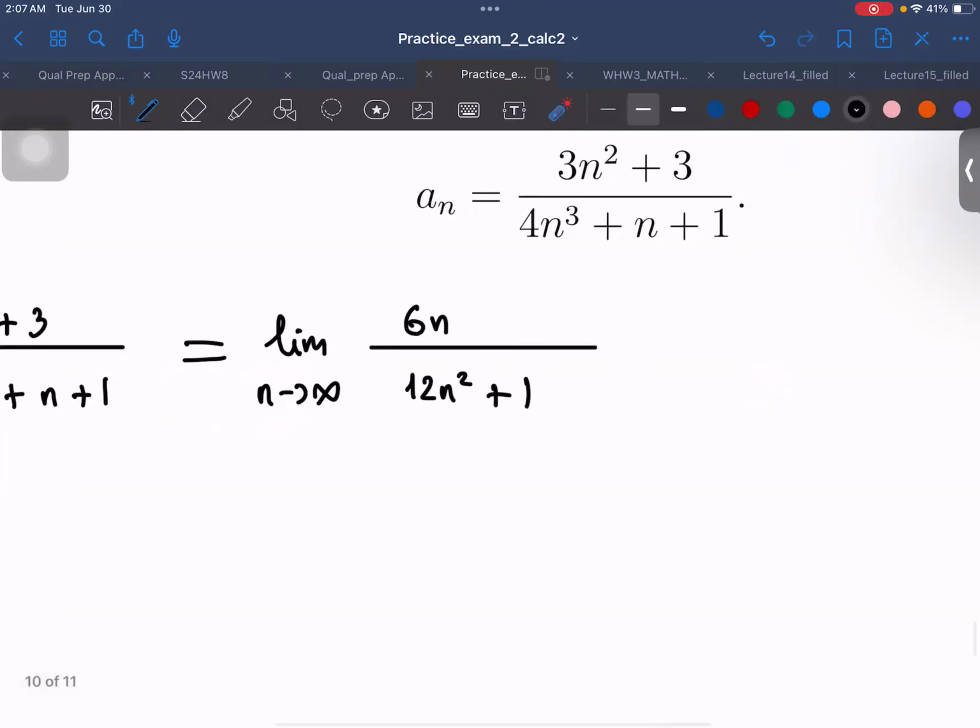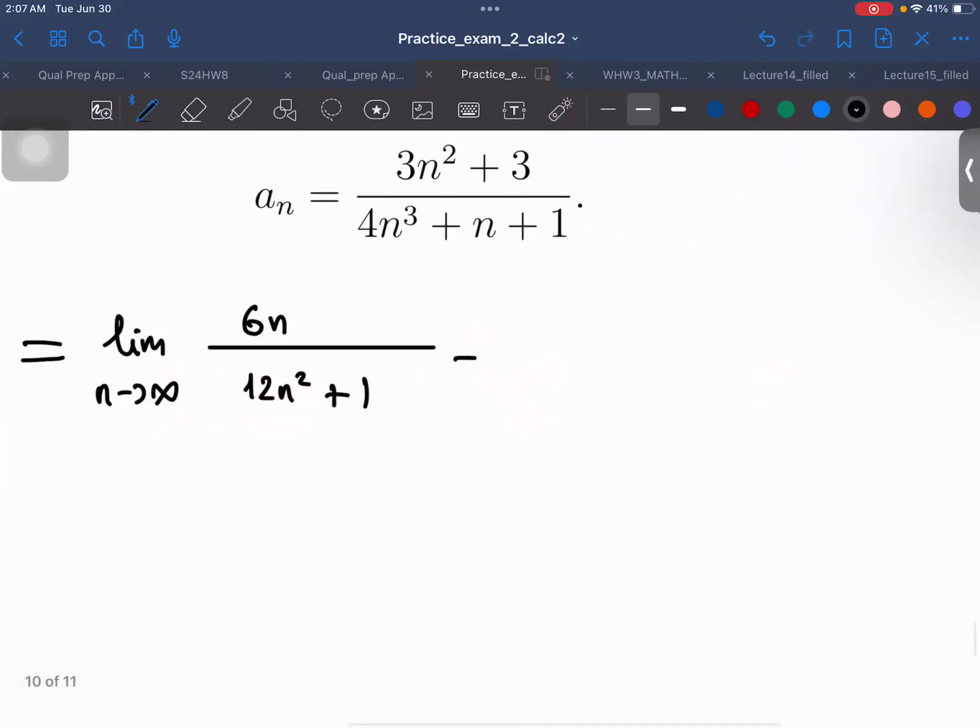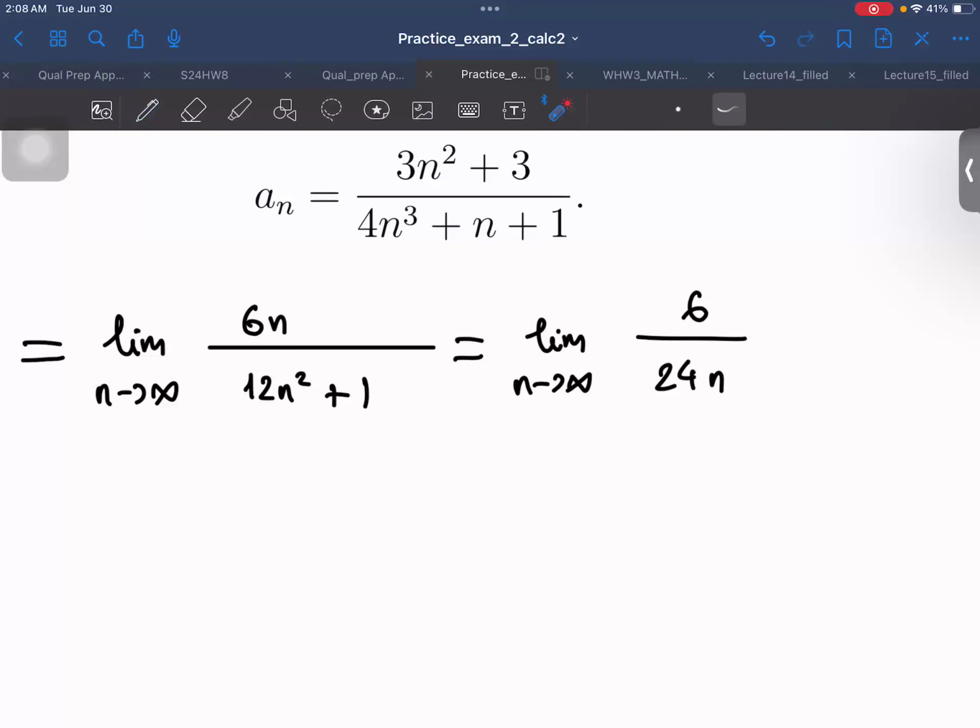And over here, again, if I plug in infinity, I still have infinity over infinity. So again, I would use L'Hopital's rule. I'm going to have the limit when n tends to infinity of 6 divided by 24n, because the derivative of 6n is 6, and for the derivative of 12n squared, I bring the 2 to the front, so I have 24n. The derivative of 1 is 0.